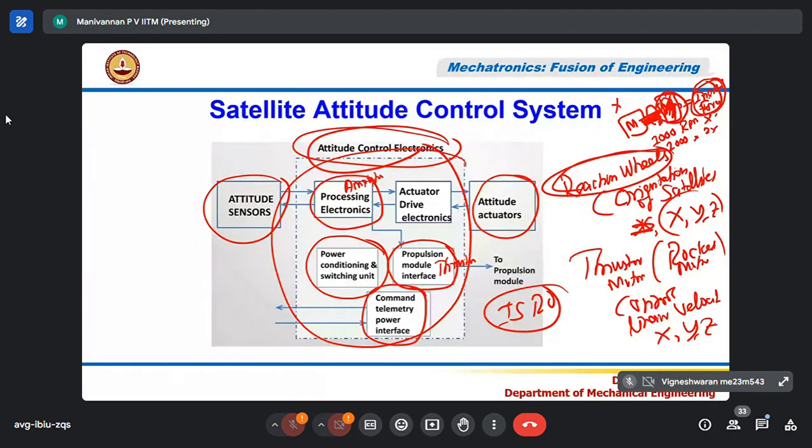As I told you, if you fire two rockets simultaneously, then the resultant force vector will be at 45 degrees. If the same amount of force is created in the x and y directions by firing two rockets, say 10 Newton in x and 10 Newton in y, the satellite, this is my satellite, will not move along x alone, but will move in the resultant 45 degree direction.